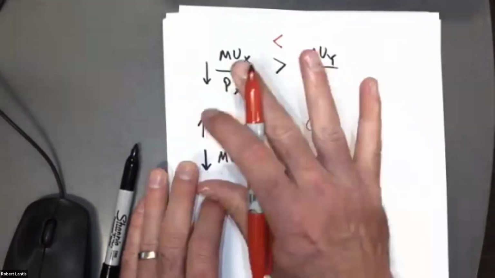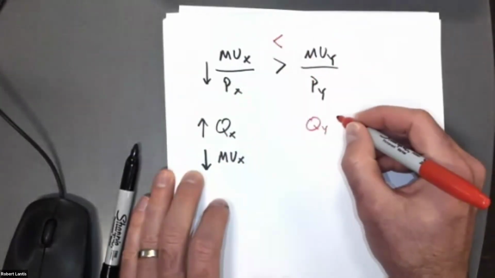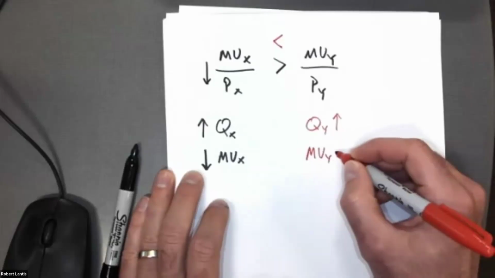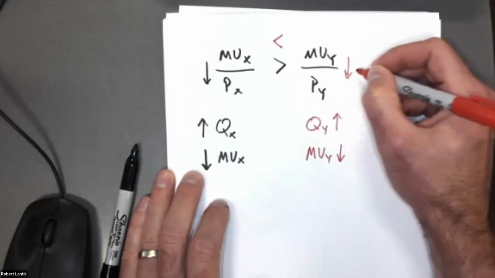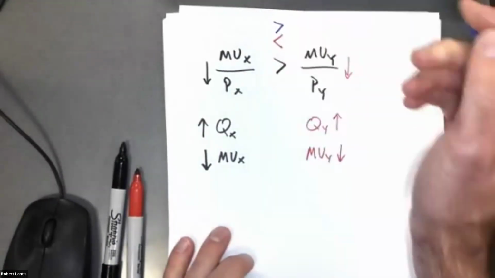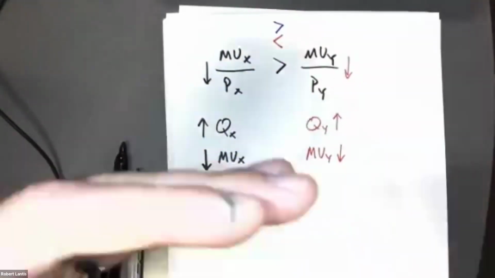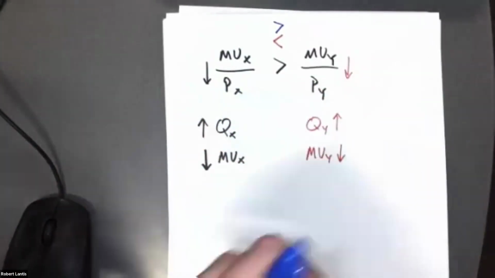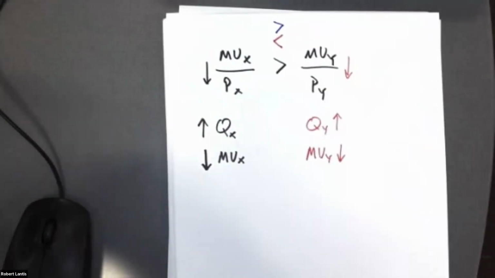I stop buying more of good X and start buying more of good Y. As I buy more of good Y, the marginal utility per dollar is falling until eventually it flips again. And then we go back and forth deciding how much of good X and how much of good Y I'm going to buy until we've spent all of our income.